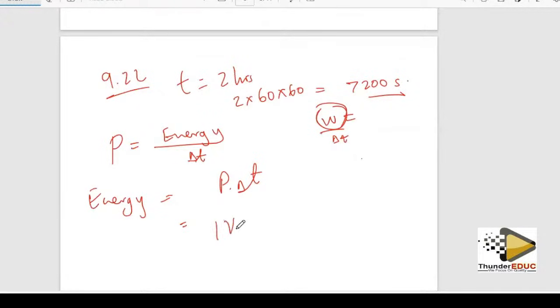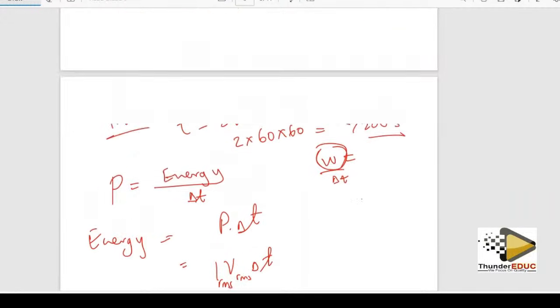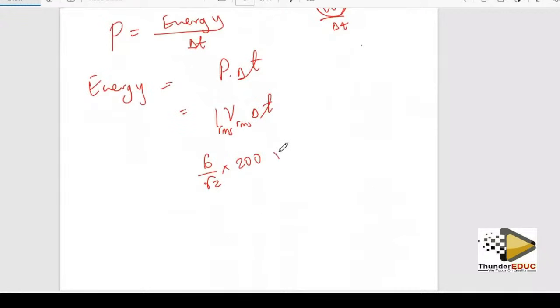I prefer to use IV and then delta T. The current I'm using is the root mean square, so that is 6 over root 2 times the 200 for the voltage from the previous question, and then multiplying by my time, 7200. I'm getting something weird.